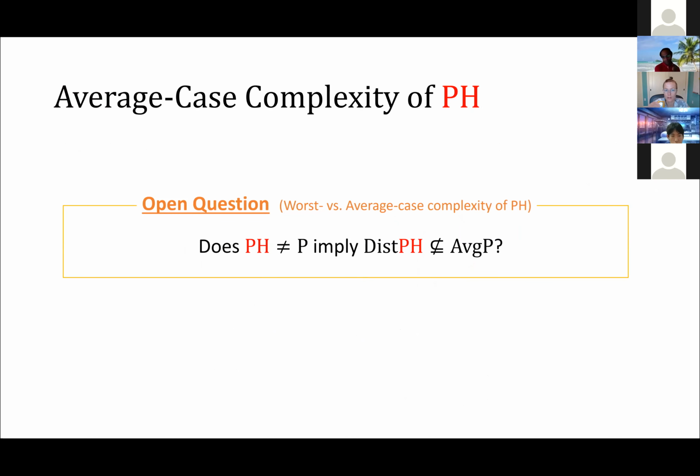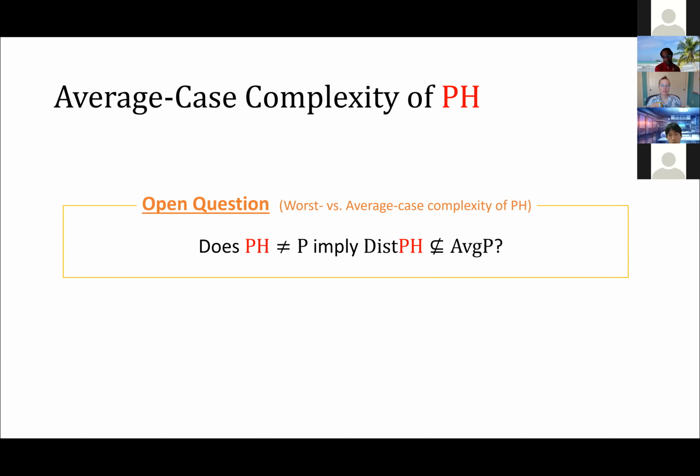Well, this is an easier question than the corresponding open question about NP, because in the worst case, we know that the worst case complexity of NP is equivalent to the worst case complexity of PH. So the point is that before trying to prove the open question about NP, we should first try to prove the open question about PH.